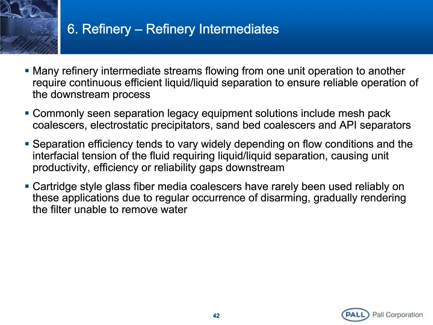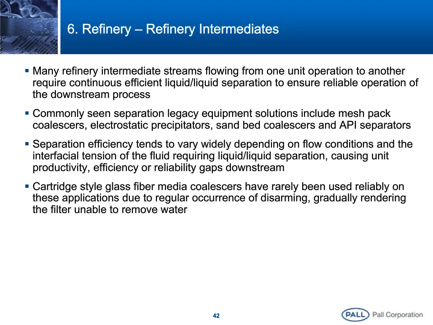What's been found is the separation efficiency tends to vary widely depending on the flow conditions and the interfacial tensions of the flow, and these can widely affect productivity and efficiency, and create many gaps in reliability from where the refinery would like to be versus where they may be today.